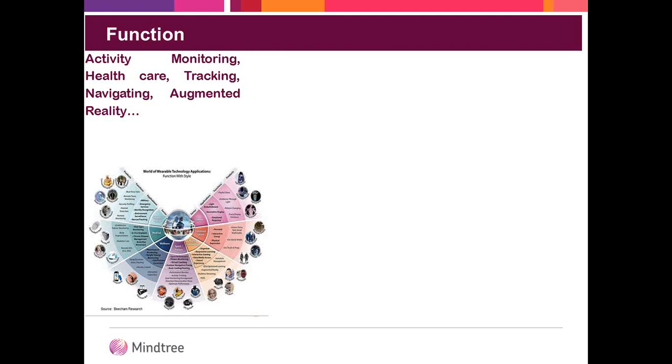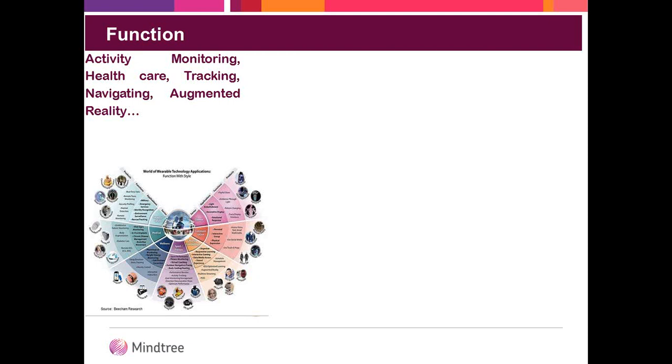If you are under therapy, then you will need some kind of a chronic care. Then you need some kind of monitors, like a blood glucose monitor, to monitor your blood sugar levels, or tracking your assets, tracking your pets, tracking your kids, or it could even be navigating in a small indoor environment. So there are various functions that you can think of that these wearables will support.